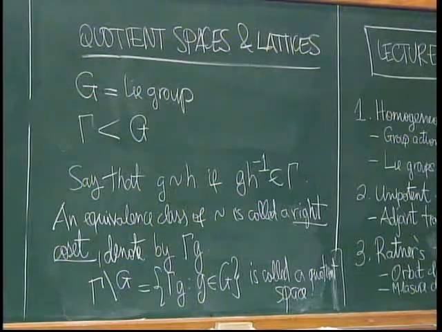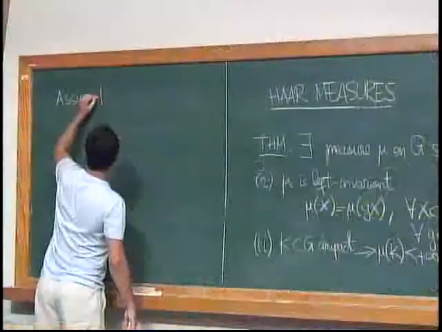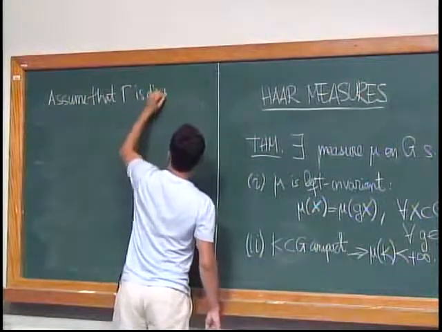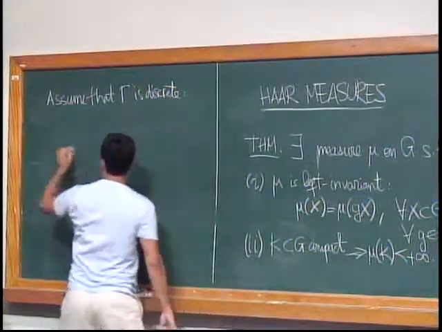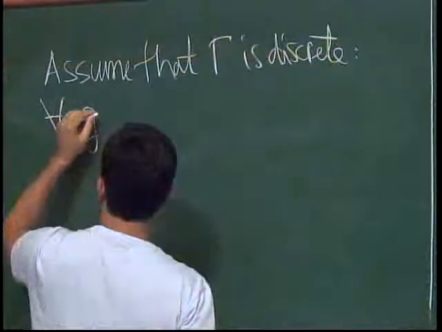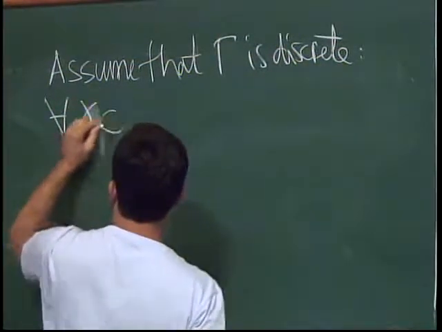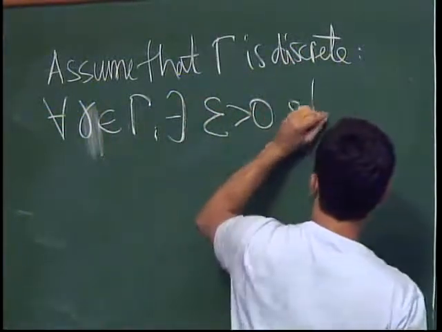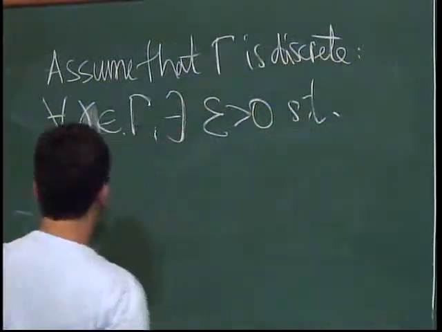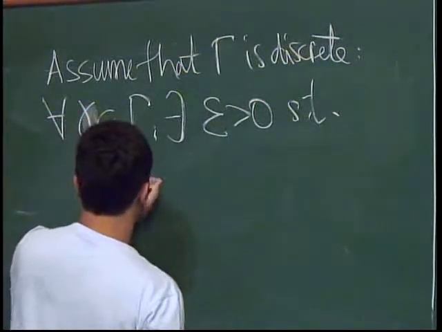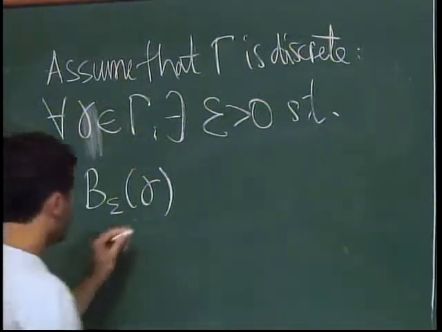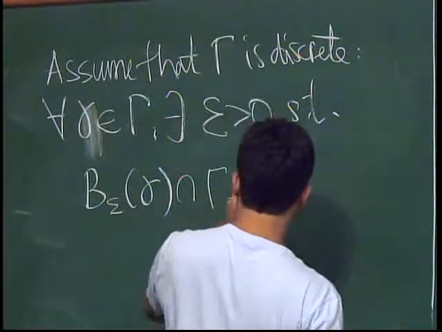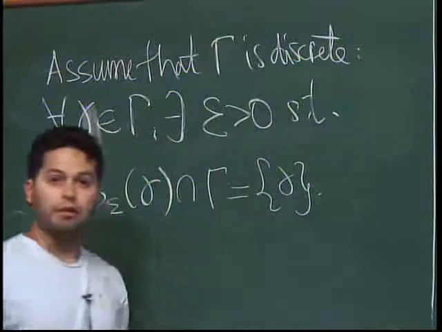So assume that gamma is discrete, which means that for every, let's say, gamma in gamma, there exists an epsilon such that when you look at the ball around gamma of size epsilon and you intersect with gamma, the only element of this intersection is gamma itself.